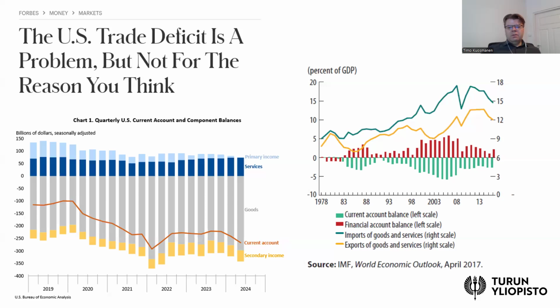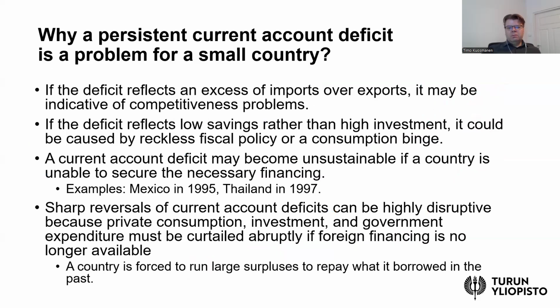So let's first start from the point of view of a small country. I come back to the USA shortly, but let's think of a small country such as Finland, and why a persistent current account deficit would be a problem for small countries such as Finland. Remember from the discussion of the accounting identities that the current account deficit could arise from different reasons.